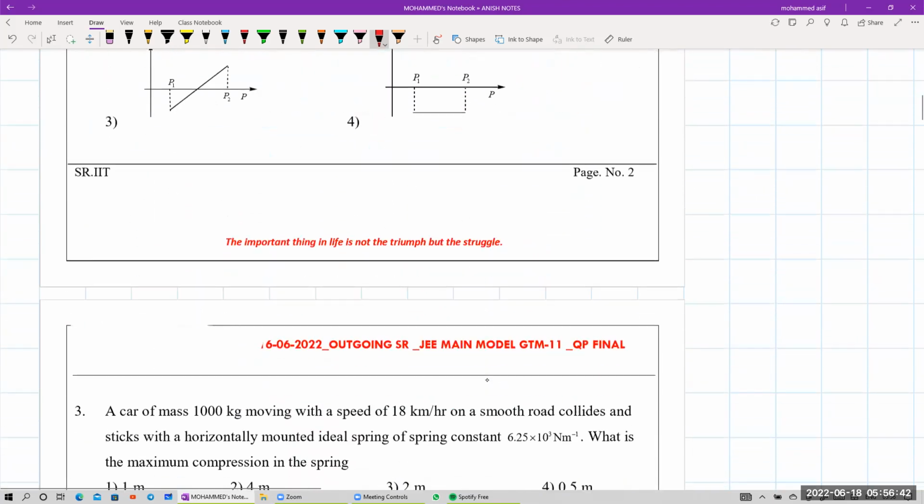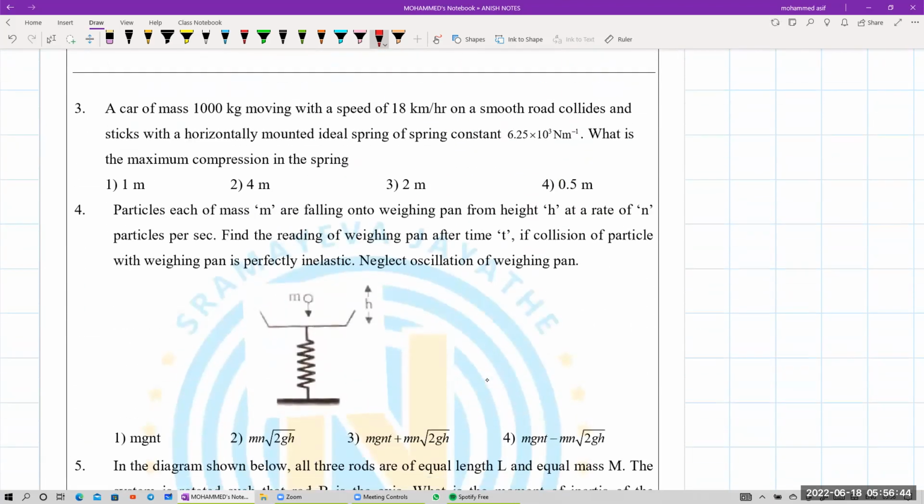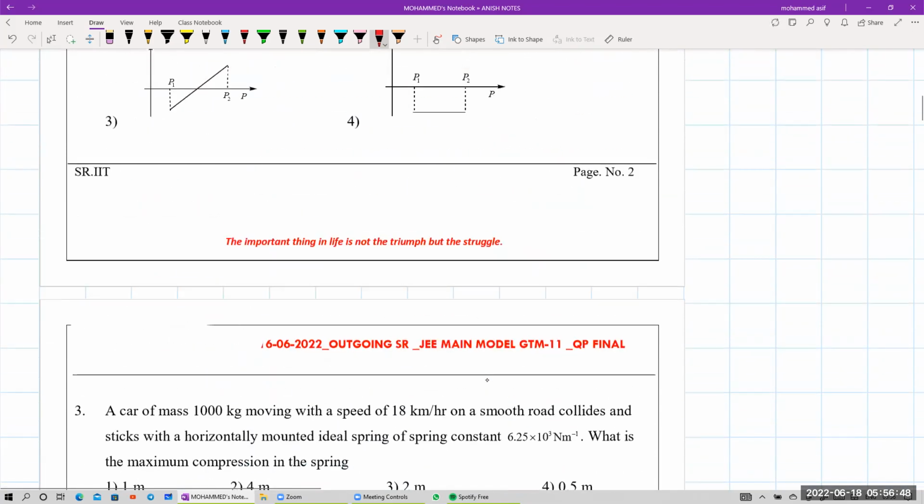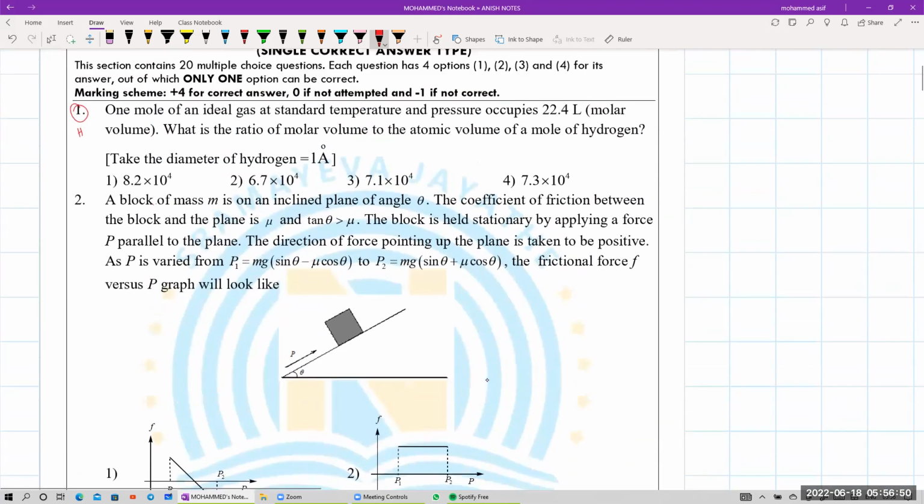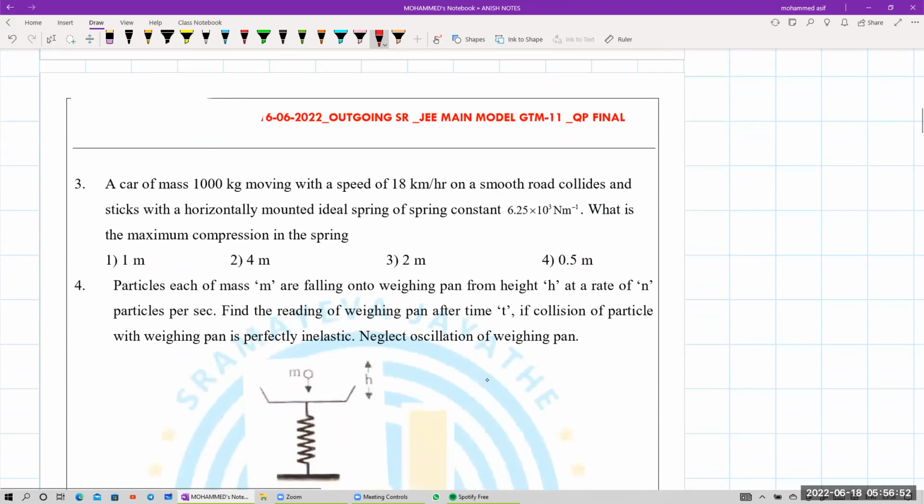You can still try to do some problems which you can try to do on your own. Second question, sir. Third question, second questions ఇలాంటివి చేయొచ్చు ఒకసారి. Yes, sir.